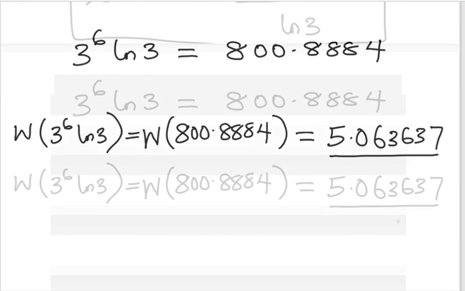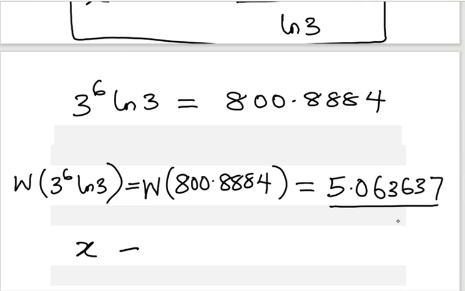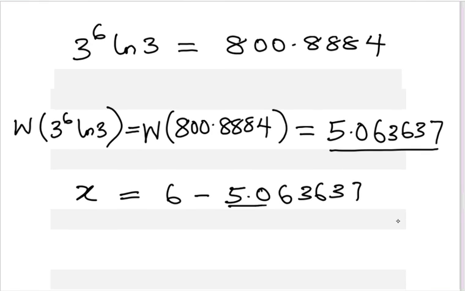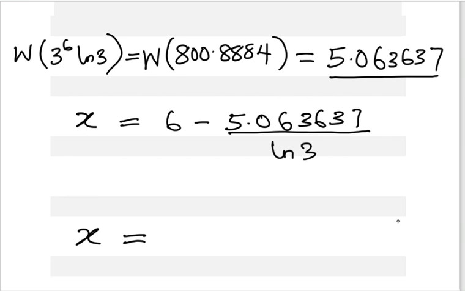So we're going to have that x is going to be 6 minus 5.063637 all over natural log of 3. So x is equal to 6 minus, this is actually 4.60912.